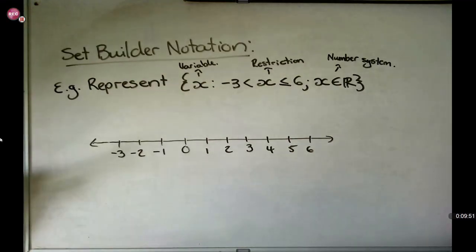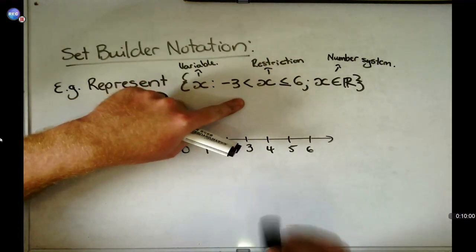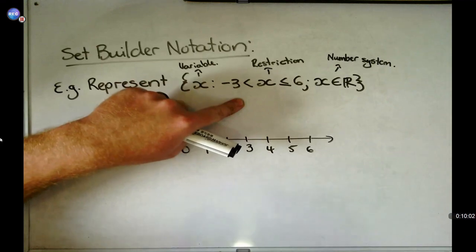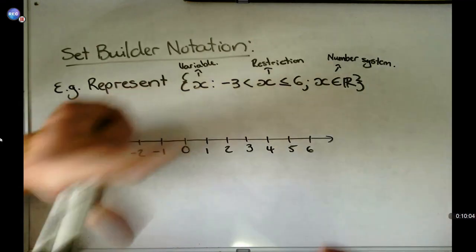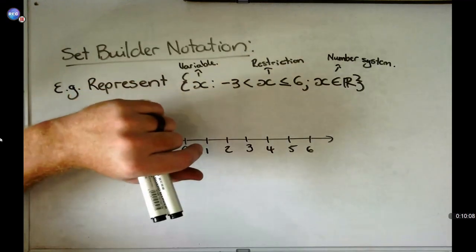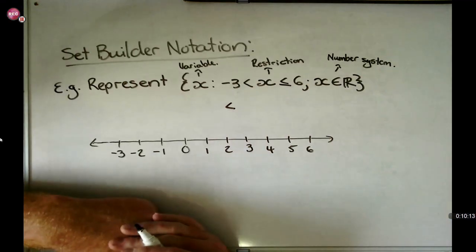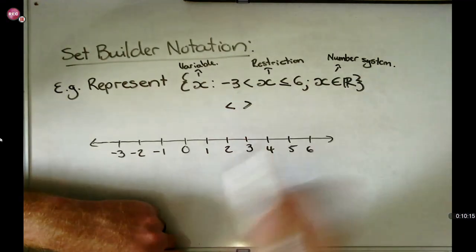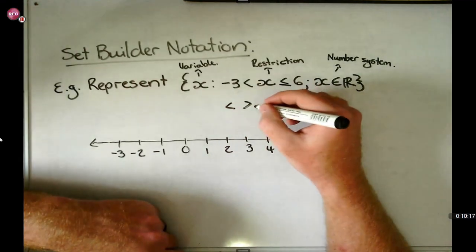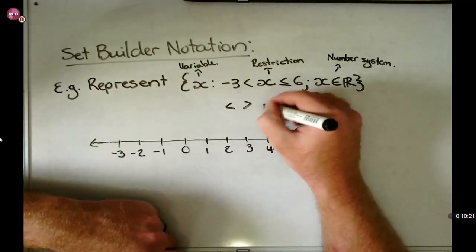Now, here is where the tricky part comes in, and this is what you need to understand. Now, remember, previously I said to you that it is the same as with those brackets and those dots. Okay? If you are working with a symbol like this or like this, this means that the number is not included.